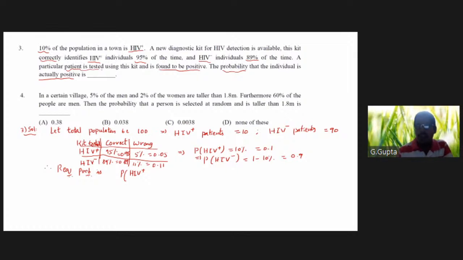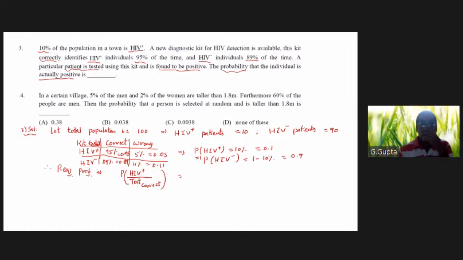HIV plus means actually positive, HIV negative means actually negative, given that the test, here patient tested and found to be positive. See, a particular patient is tested using the kit. Before that, a diagnostic kit for HIV detection is available. This kit correctly, that is test correct. This is the required probability.